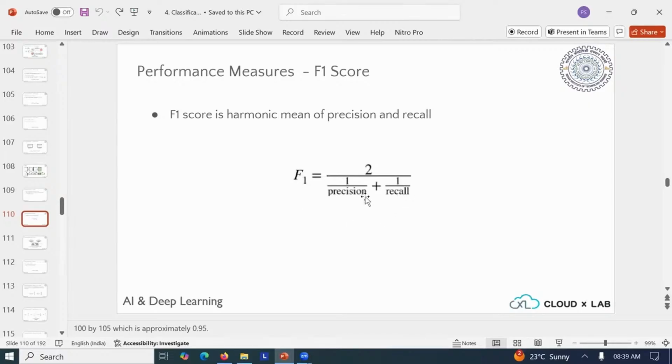Or if recall is high and precision is low, then also the F1 score will be low, right? So since the F1 score is the harmonic mean of precision and recall, which can only be maximized when both are nearly the same, if you want to maximize the F1 score, then what exactly are we doing? We are giving equal weightage to both precision and recall, right?